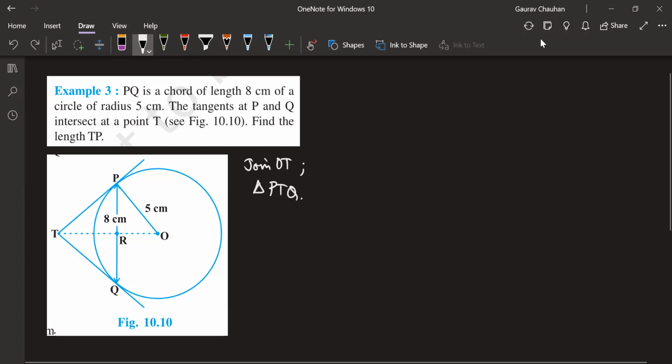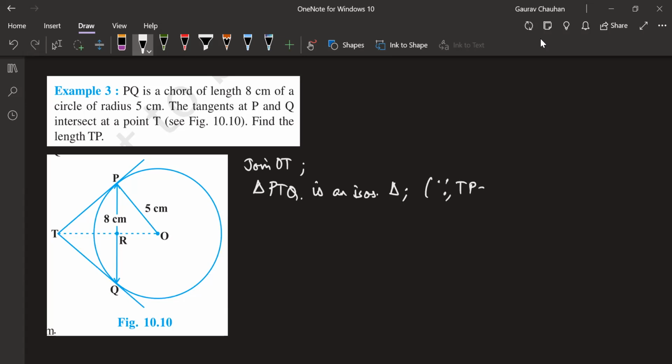So triangle PTQ is an isosceles triangle, since TP is equal to TQ. Why is that? Since the lengths of a tangent from an external point are equal.